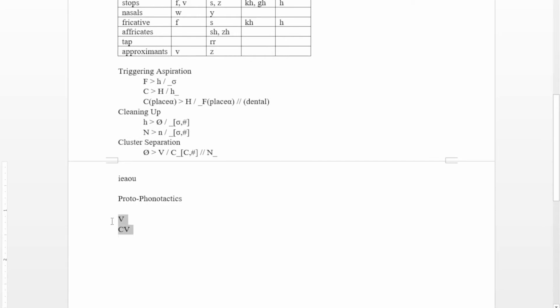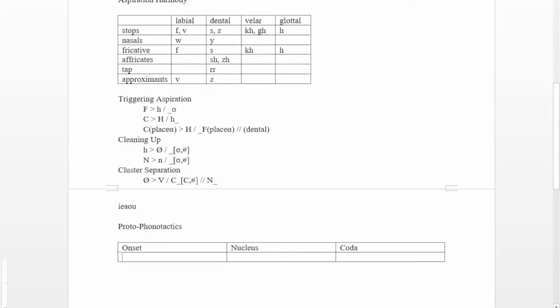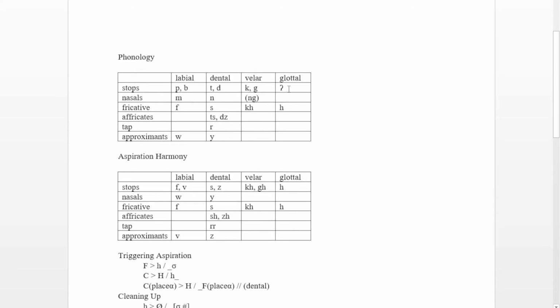So it might actually be helpful if I think in terms of onset, nucleus, coda. Onset is going to be any of these consonants. So I think I'm going to get rid of the but we'll get there. Maybe not. We'll see what happens. But onset is going to be any of these possible.